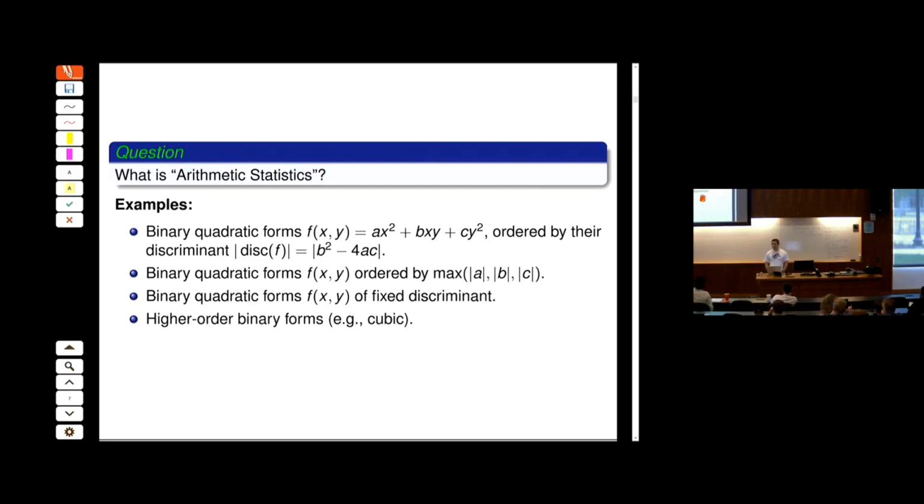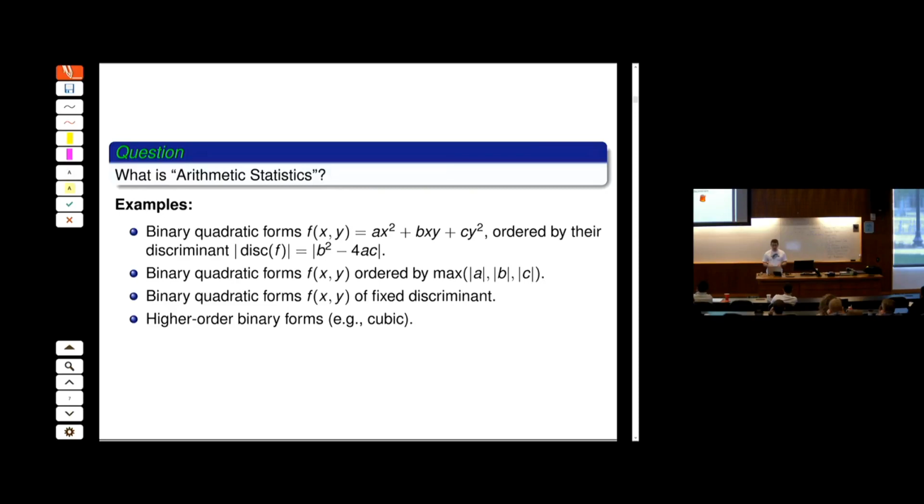Are there infinitely many such forms? Sure. How many are there up to a given discriminant? Can we parameterize them in families that make sense in one number theoretic way or another? And we'll do that. How about higher order binary forms, like cubic binary forms? And where do those come up? There are some very recent developments.